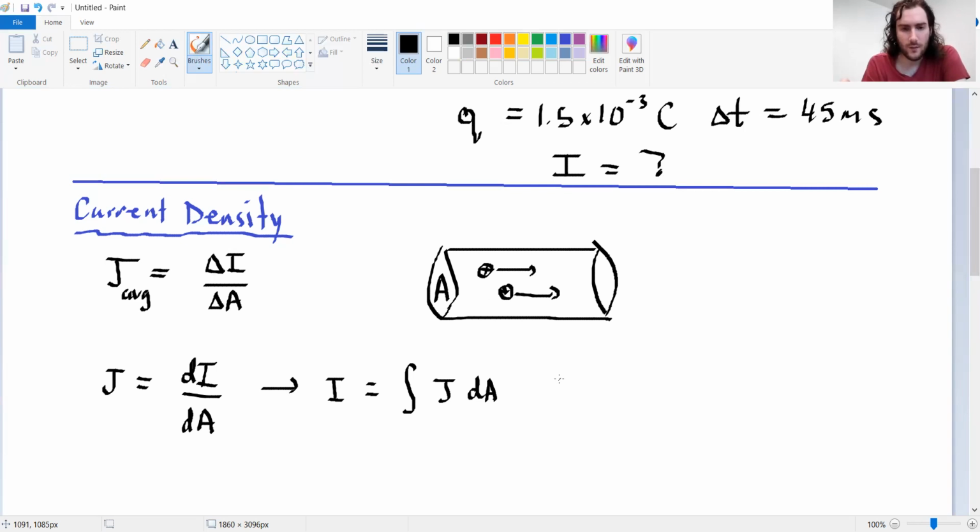Now, if we wanted to get really precise here, we could upgrade these to vectors, okay? But in this class, I don't think we're ever going to get to that stage where we need to do something like that. Again, we want to do problems involving circuits.